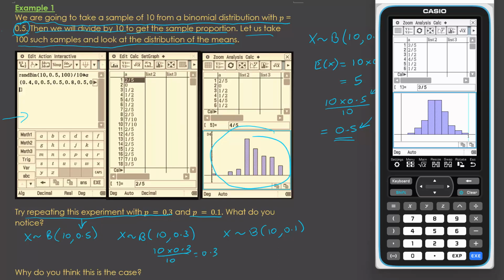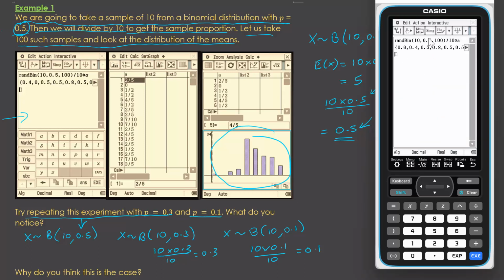So we'd be expecting to see the peak much lower. And for this one, 10 times 0.1 divided by 10 is 0.1. So again, the peak would be more at the bottom end. So let's see what happens if we do that.